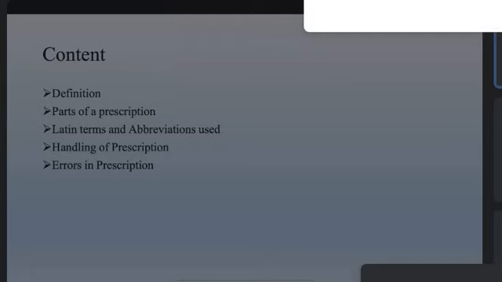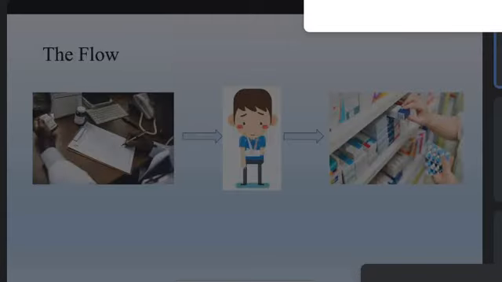Now I want any one of you to tell me in your own words what a prescription is. You can have this picture in mind, and give me a few keywords that can be used in a definition.